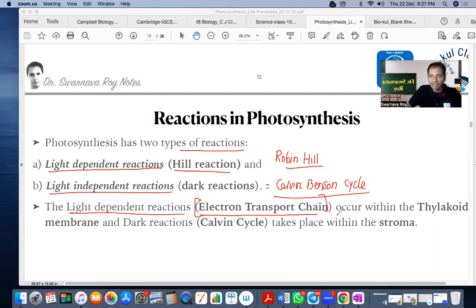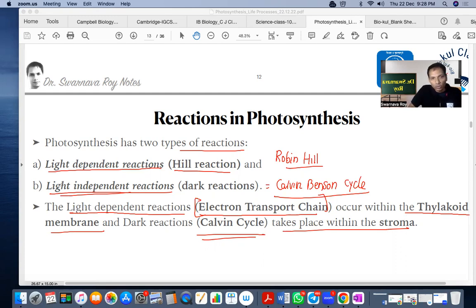So the light-dependent reactions occur within the thylakoid membranes, and the light-independent reactions, which is the Kelvin cycle, take place in the stroma of the chloroplast. So light reactions happen in the thylakoid membrane, dark reactions in the stroma of the chloroplast.